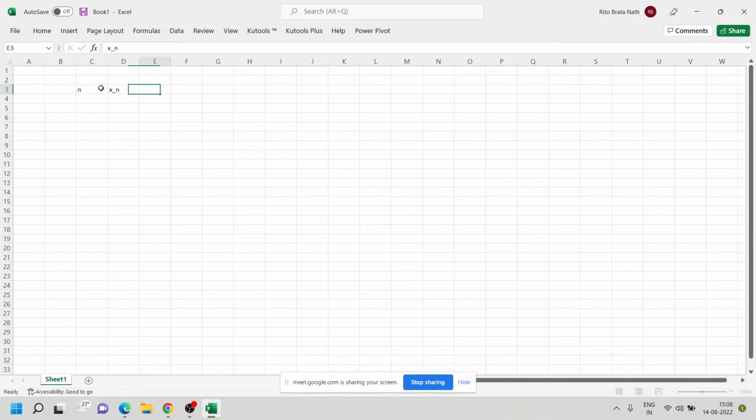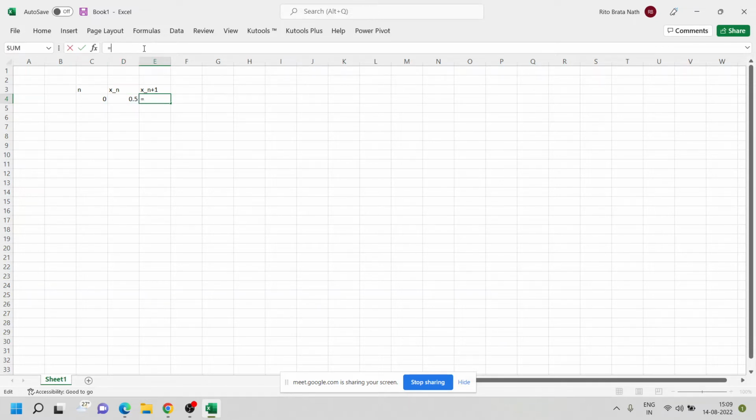So it's your xn, and this is your xn plus 1. Now write the formula in this xn plus 1 column. Let me start with xn equals 0.5 as I mentioned.